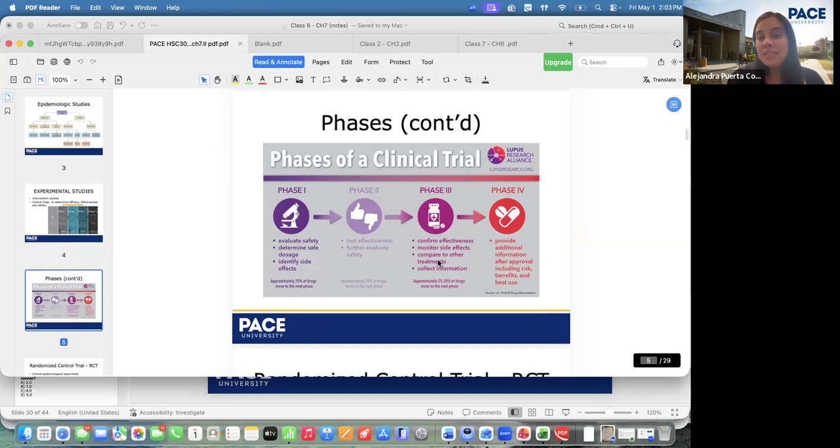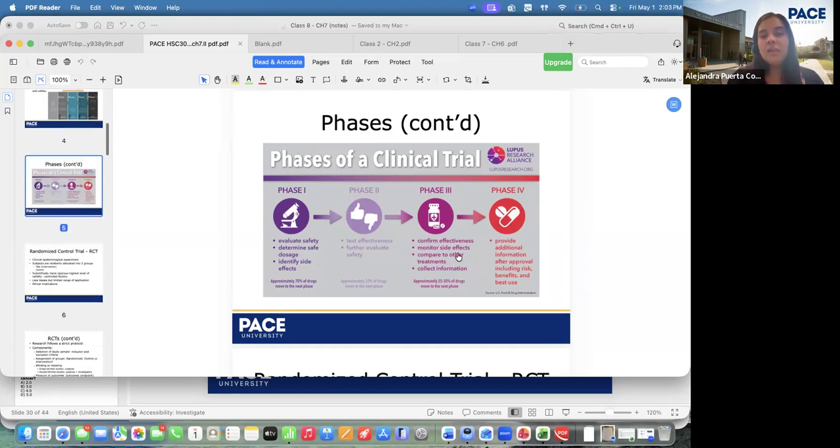Then on phase 3, this is where I start with my randomized control trials or experimental trials in general, because I have an intervention group and a control group, right? So I'm going to confirm effectiveness compared to other treatments. And then we move to phase 4, in which everything went well, FDA approved, so now I can send it to the public. In phase 4, I won't have control over the exposure.